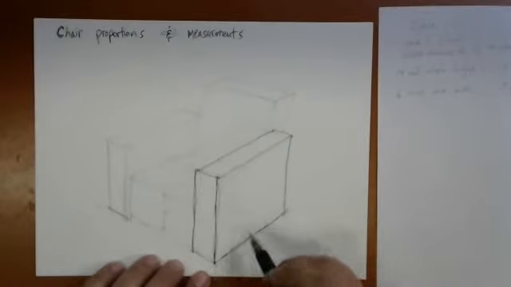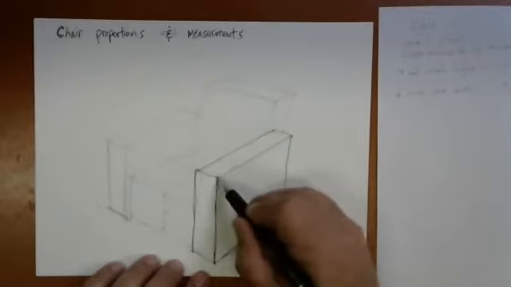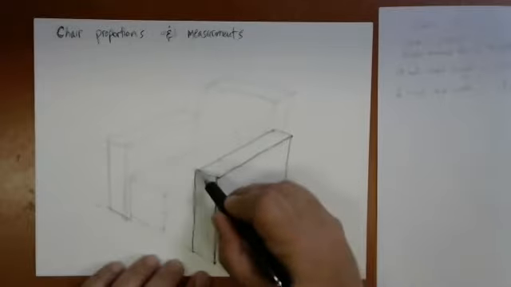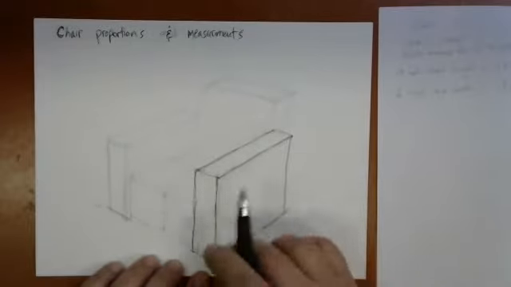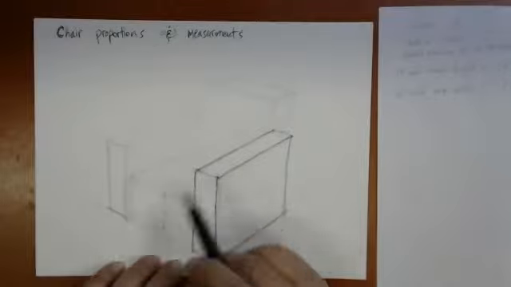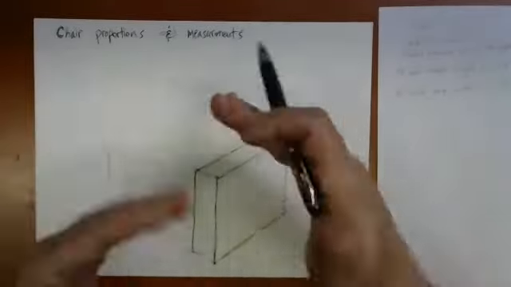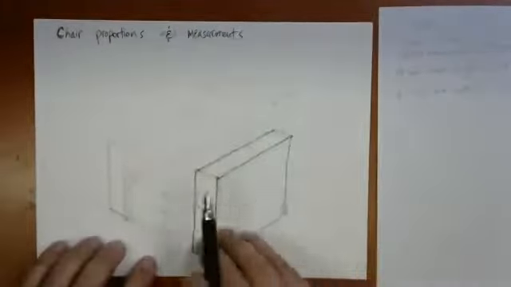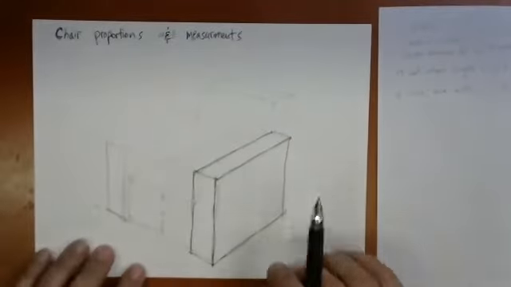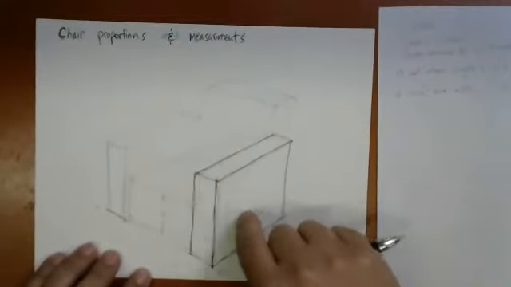So all of my horizontal edges are going to line up with each other, and they're all going to be parallel to each other. And so we can always check that when we're drawing other things. We want to make sure that all of our lines are going to be parallel to all of our other lines.